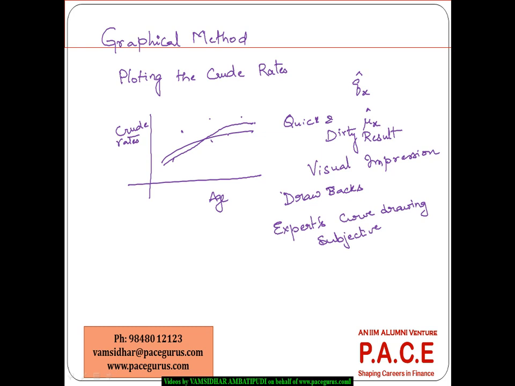But when we are looking at a quick and easy to understand kind of smoothing of the crude rates, even this is one of the processes that is typically followed. So what are we going to do? We are first plotting all the crude estimates, qx or mu x, whatever it is.